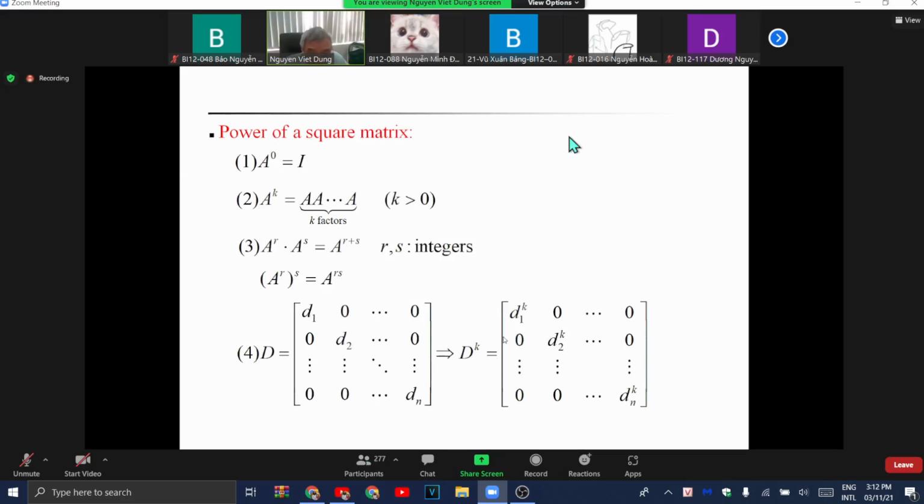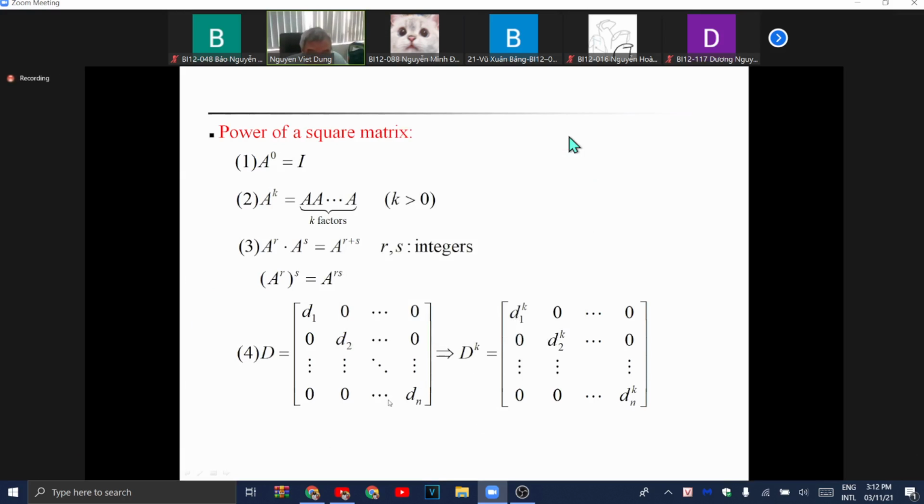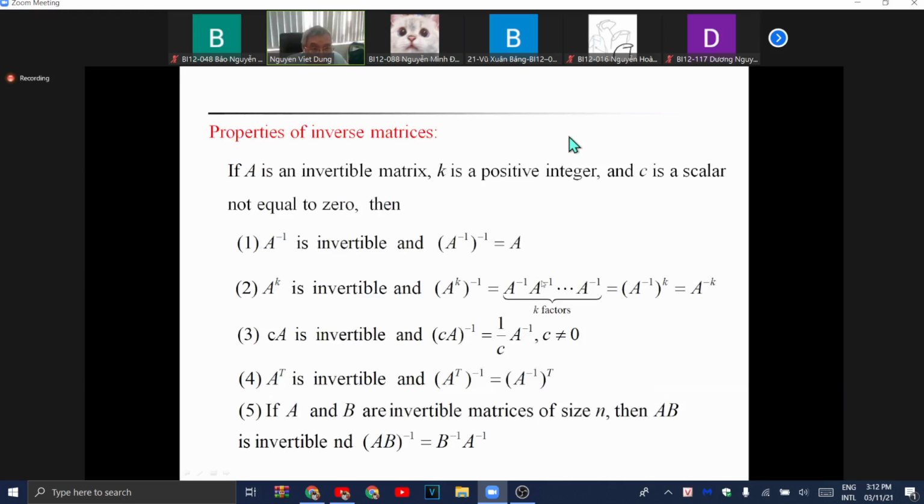Here D to the power k is like that. We take any entry lying on the main diagonal and take it to the power k, and you get the reason here. And here is a property of the inverse of a matrix. Suppose that A is an invertible matrix, k is any positive integer, and C is any non-zero scalar.